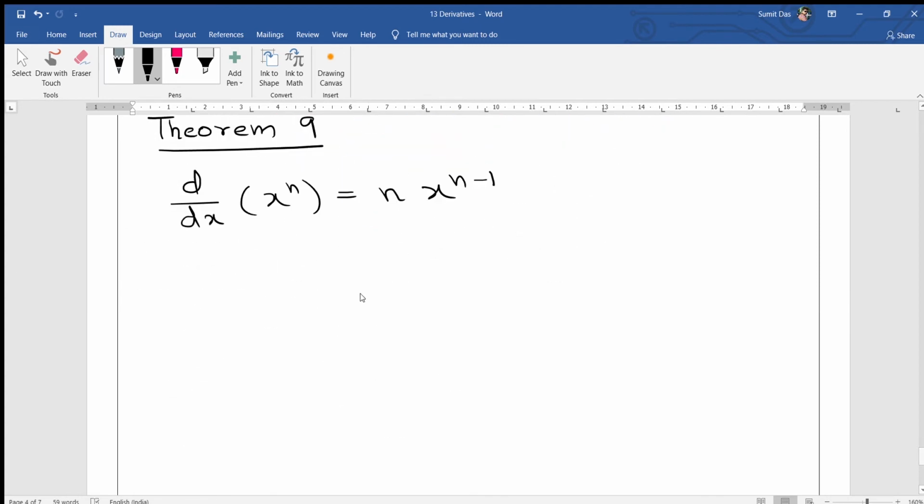Theorem 10 is important. What is theorem 10 saying? Theorem 10 is the theorem on the derivative of a polynomial.